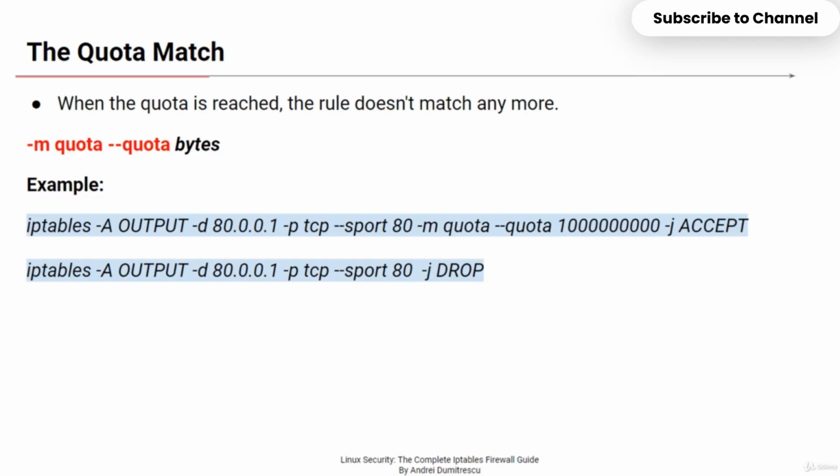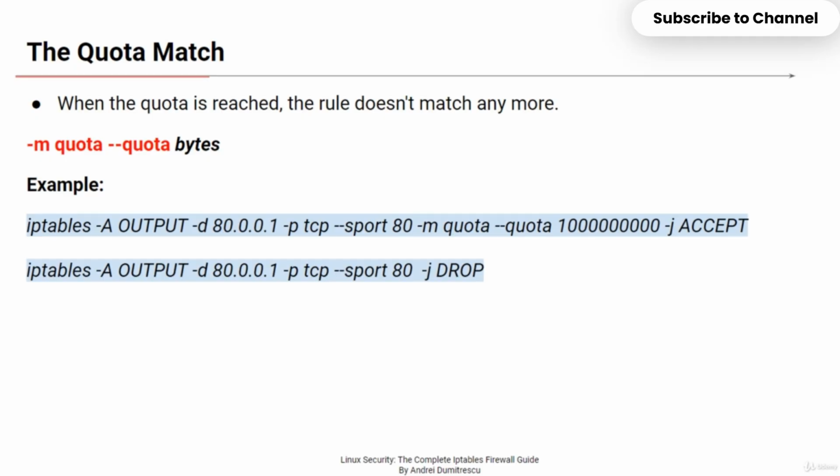We can create more complex rules, like for example we can set quota per IP or per MAC address, or in combination with the time match, we can set a quota between a starting and an ending time. The requirement could sound like this. Permit no more than 100 megabytes of outgoing HTTP traffic during working hours from a single IP address.